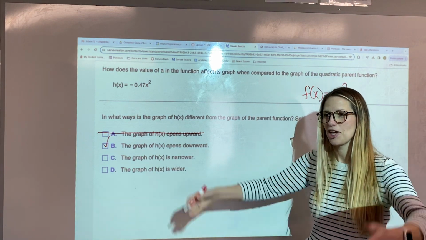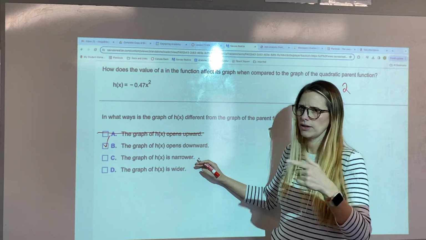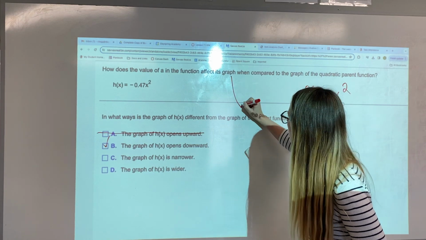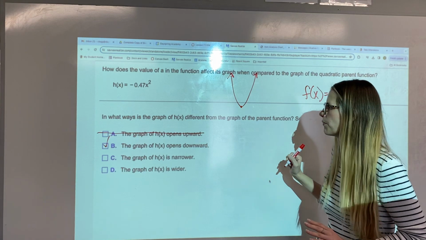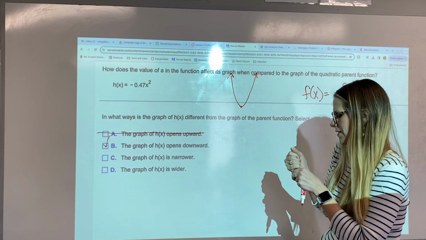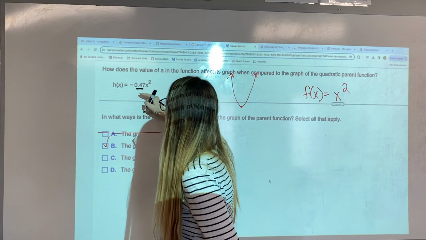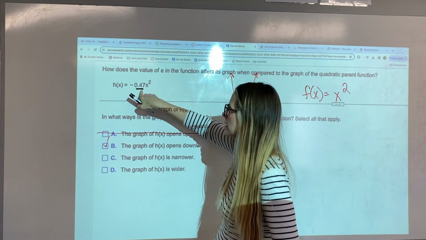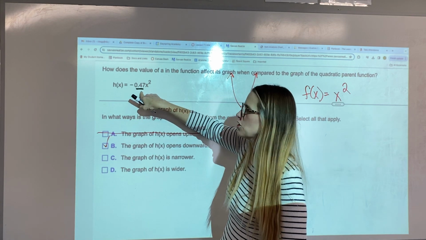It's not as easy as just being like, positive is happy, negative is sad. This one, and when you do watch the video, you'll see it. So the parent function looks something like this. When the leading coefficient is between 0 and 1, and don't worry about the negative right now, it is going to open downward, but it is between 0 and 1.